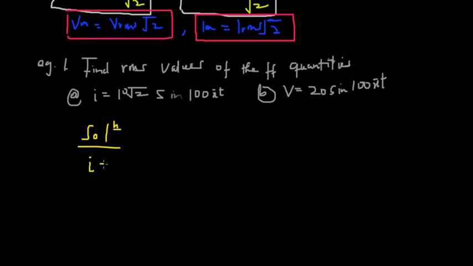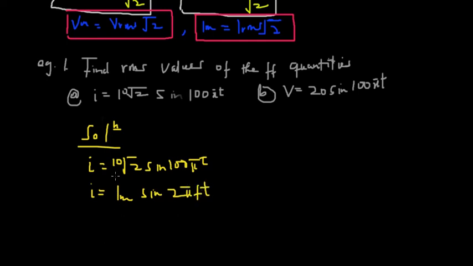You know that I is equal to 10 root 2 sine of 100 pi t. We could notice that this could be written as sine of 2 pi f t.